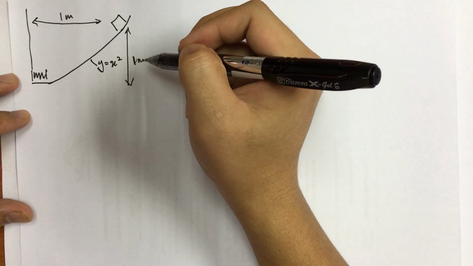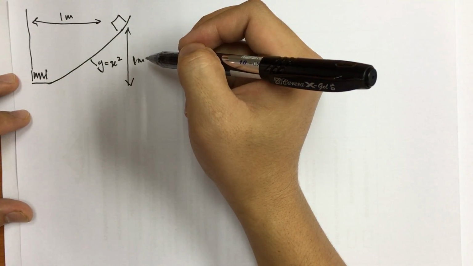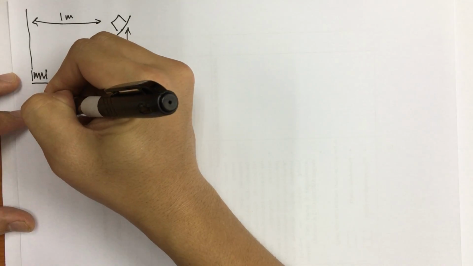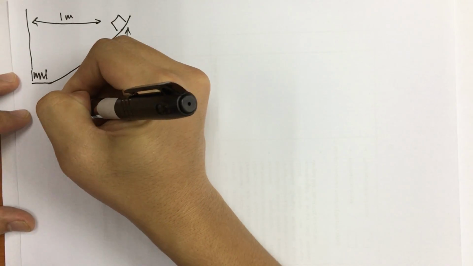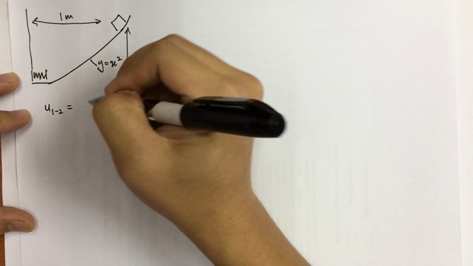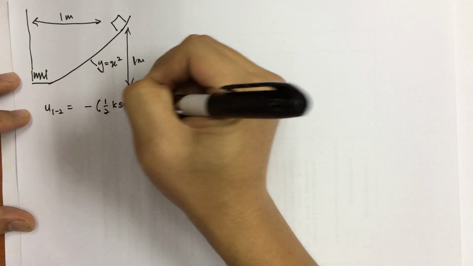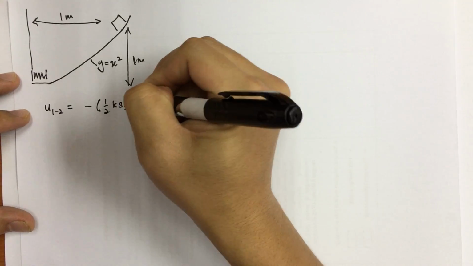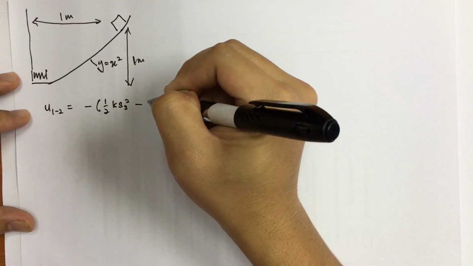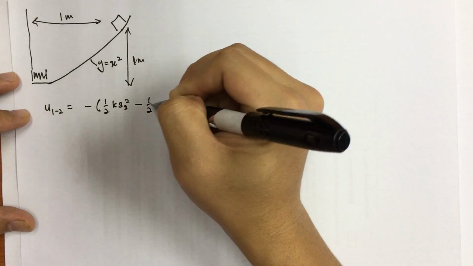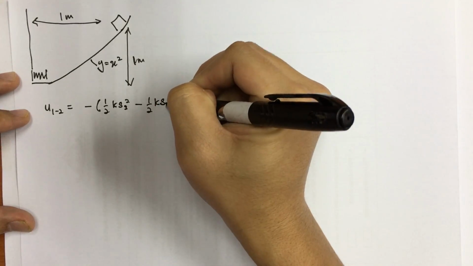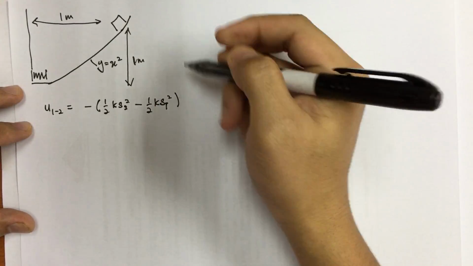So remember, what is the equation for the spring? The equation for the spring, U from 1 to 2, equals minus half k s2 squared minus half k s1 squared.